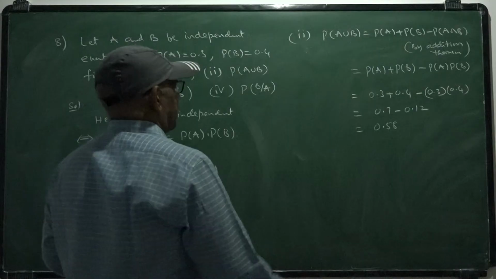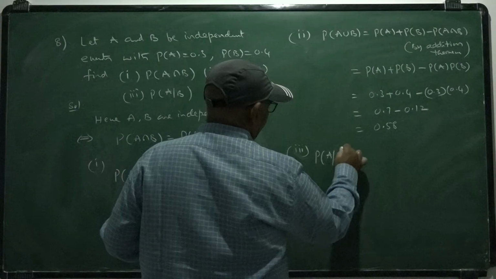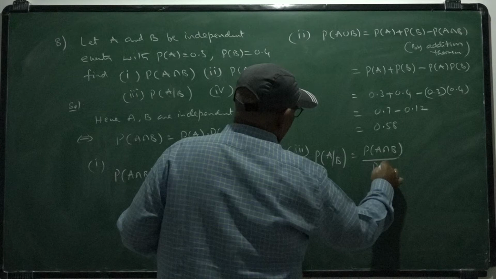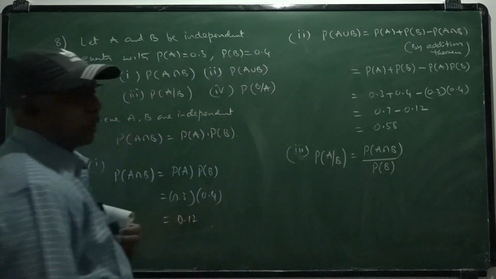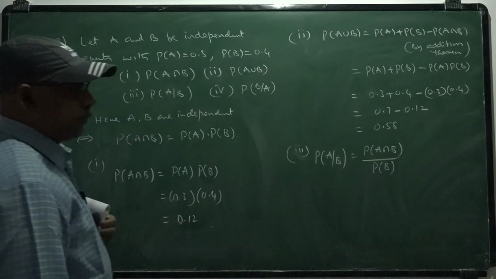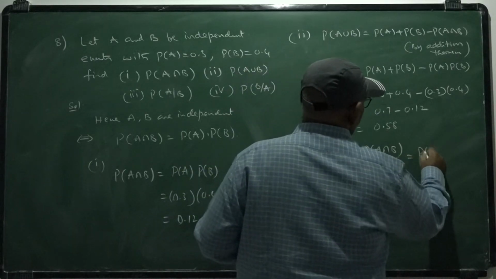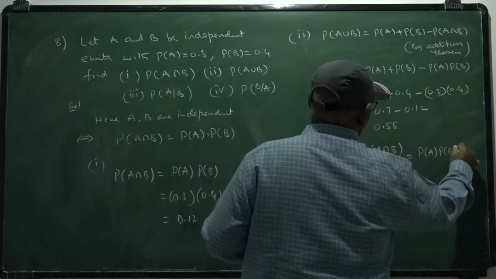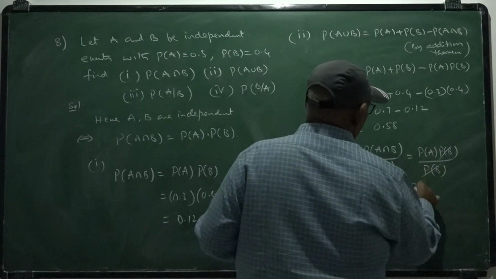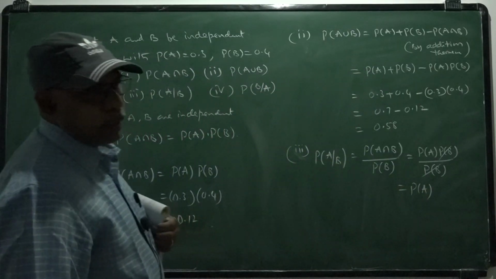Again, the third case. Probability of A on the occurrence of B. By definition, the conditional probability of A given B is probability of A intersection B by probability of B. This is probability of A into probability of B, because they are independent, by probability of B. So this is probability of A. B does not influence A once they are independent.